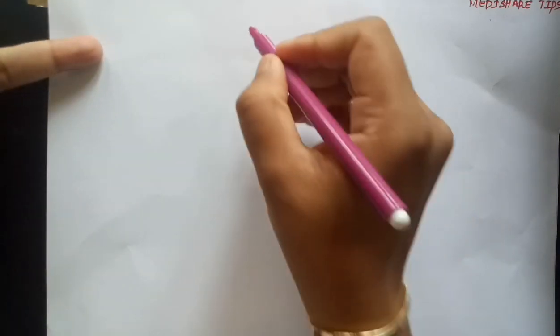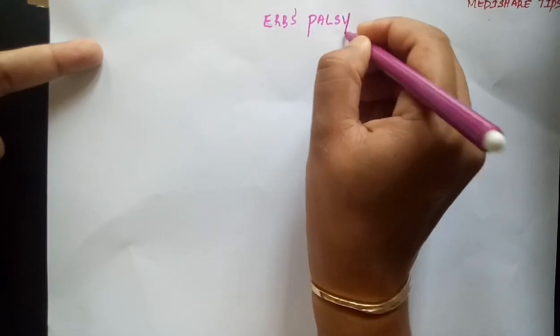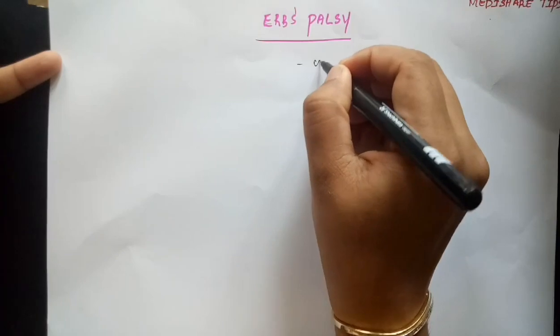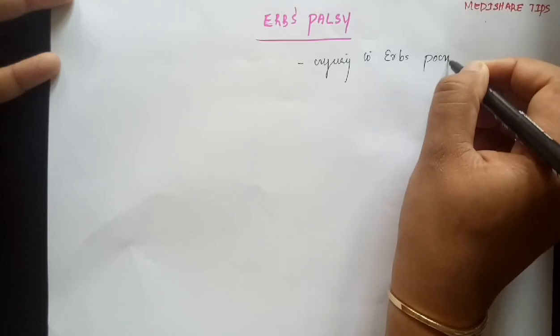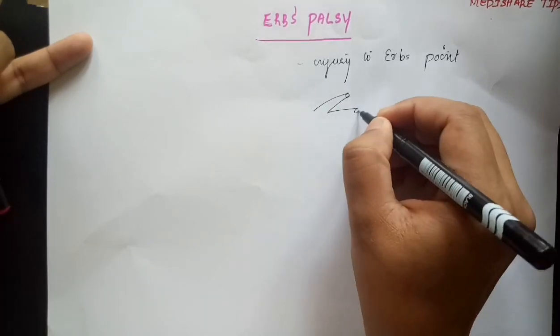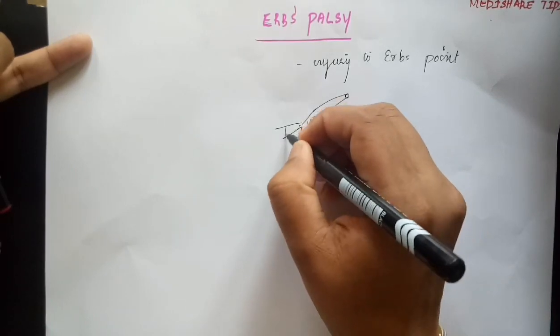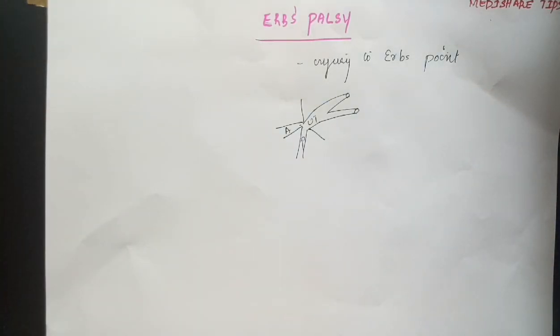Then what is Erb's palsy? Erb's palsy is a clinical condition which occurs when there is an injury to Erb's point of the brachial plexus. So C5 and C6 combine to form the upper trunk, which divides into anterior and posterior divisions, and there is the suprascapular nerve and nerve to the subclavius. So which nerves are affected?